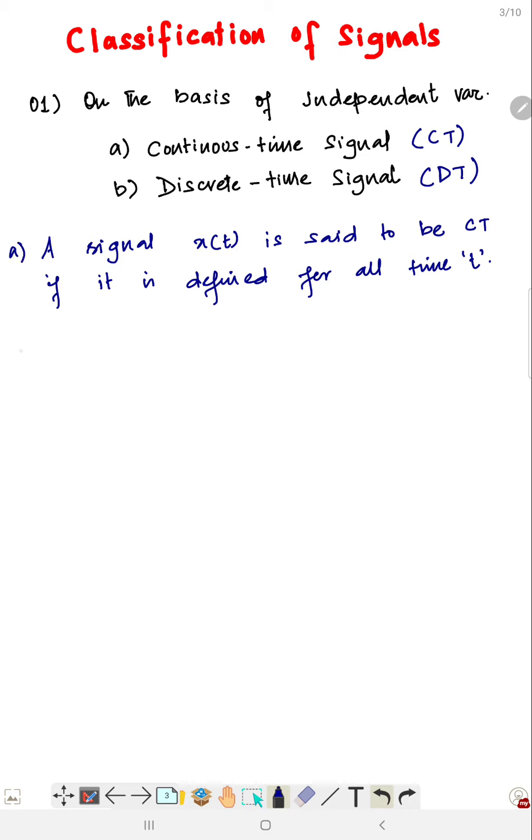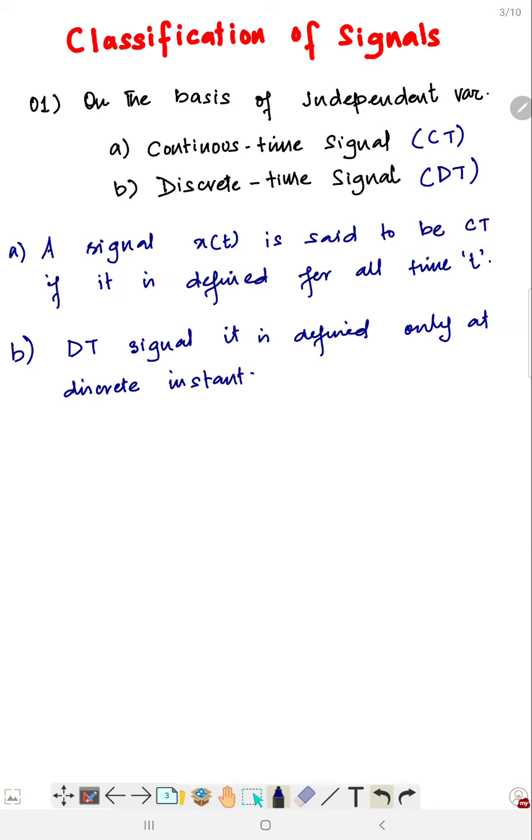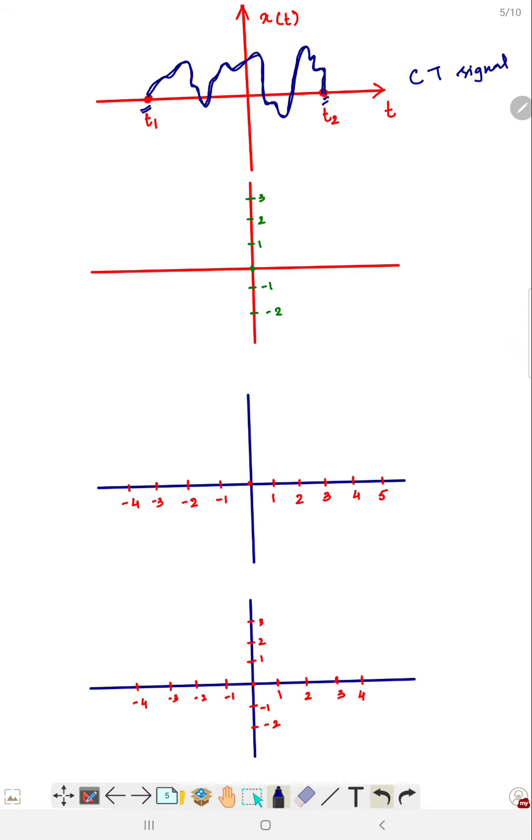On the other hand, we have the discrete time signal. A discrete time signal is defined only at discrete instants of time. That means I will have a time axis, this one right here.